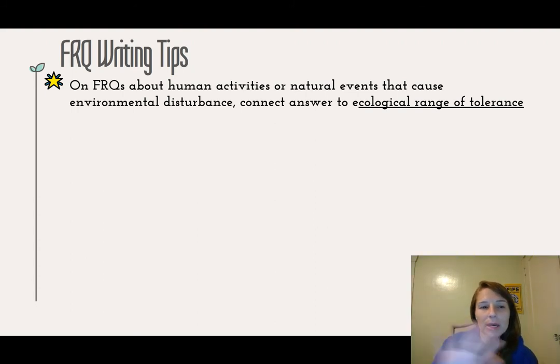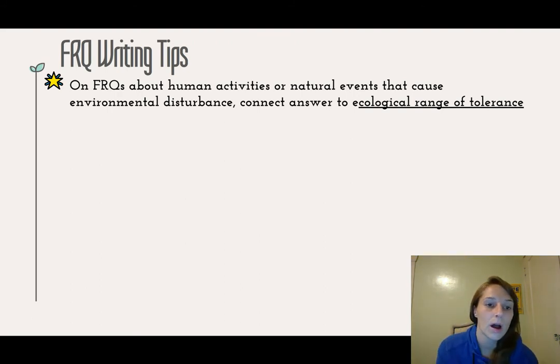But the other reason why I'm going to go in depth with FRQ examples is to give you some practical examples of the ecological range of tolerance, and how you can actually connect the dots of this range of tolerance without just leaving it like, oh, well, they died, but to give more details in it.